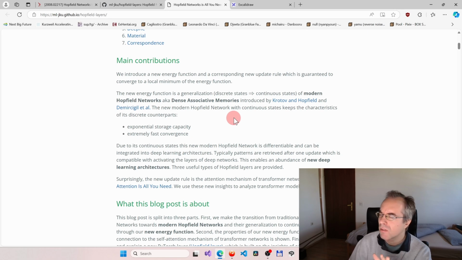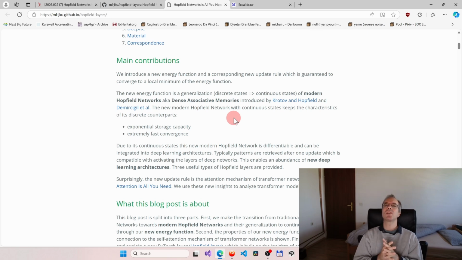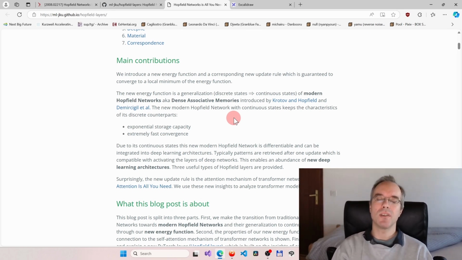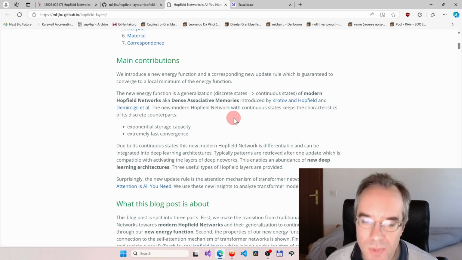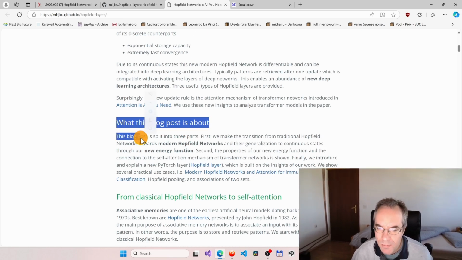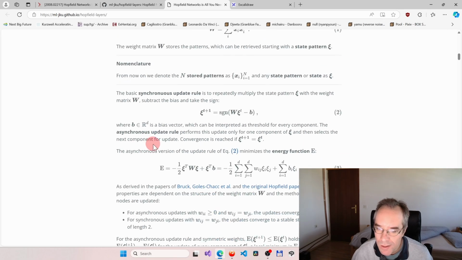Basically, this network is very much like the transformer. In fact, the way that the transformer does attention is pretty much the same as this associative memory. You can read this later. Let me just skip ahead.